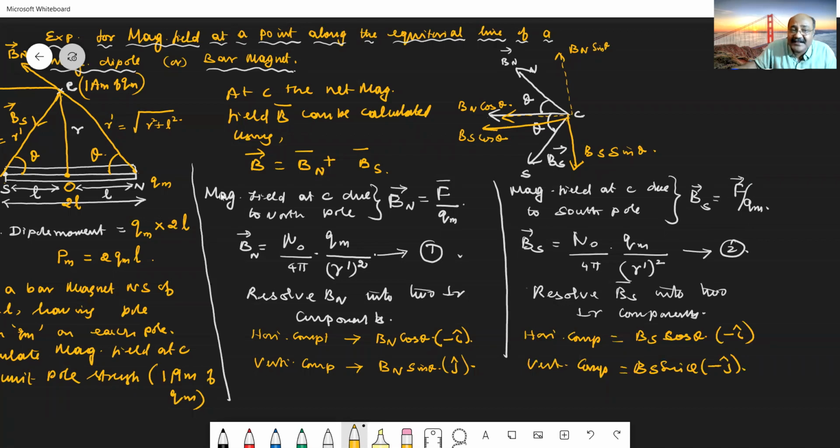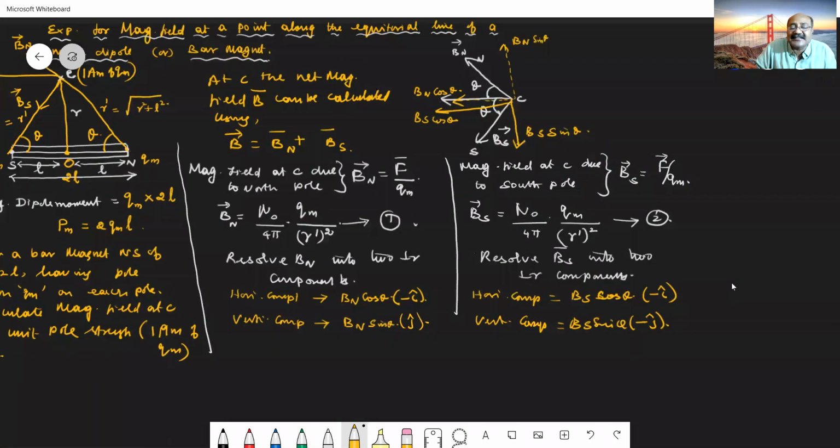Now you compare these two. When you are considering the resolved components, the vertical components are equal in magnitude and opposite in direction.